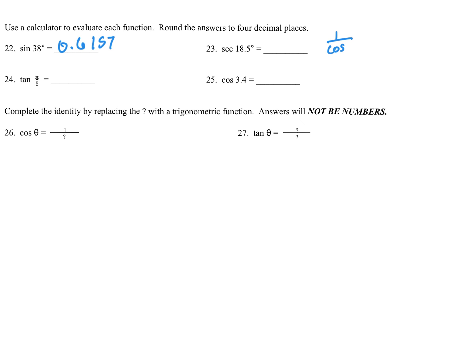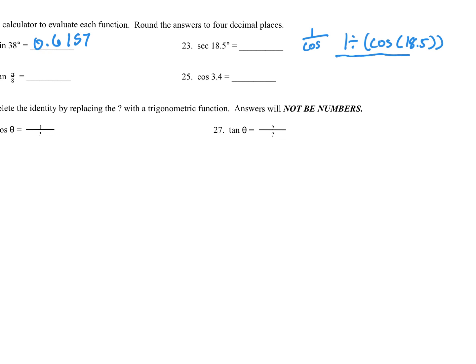This is how I'm going to punch it into the calculator: 1 divided by parentheses, cosine parentheses 18.5 and parentheses. I'm going to punch it in exactly like this, and that will give me my answer, which should be 1.0545.